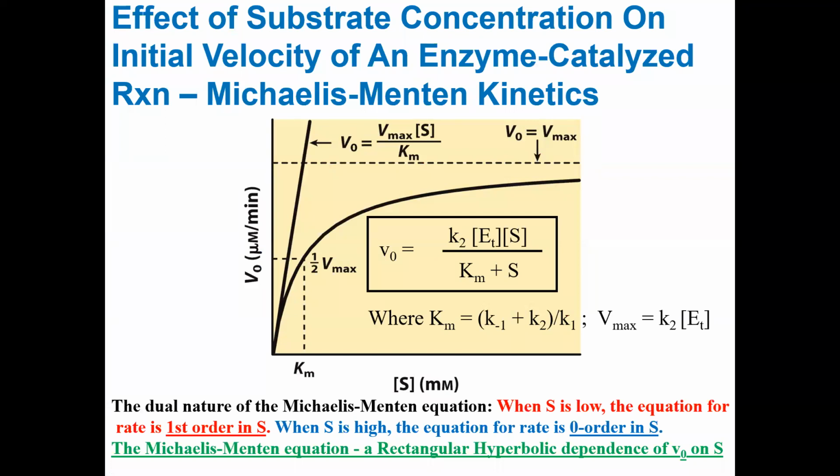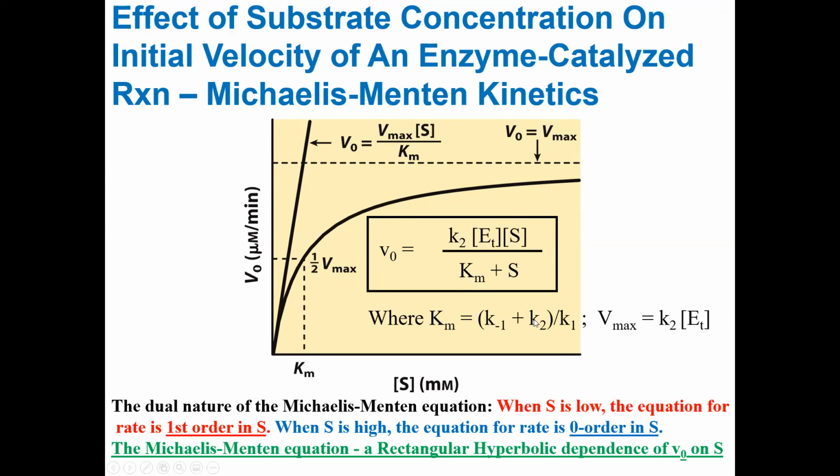When you already know that, if you plot your V0 initial rate versus the substrate concentration, you can see a rectangular hyperbola, right? I'm just showing you that same thing again. So the Michaelis-Menten equation is V0 equals k2, which could be kcat, times total enzyme concentration times substrate concentration, divided by Km plus S. What is Km?